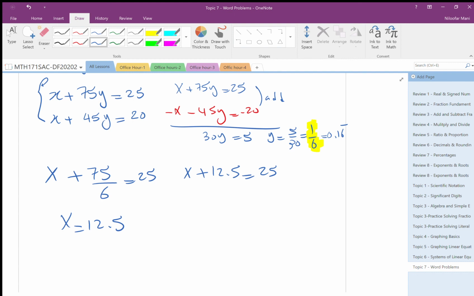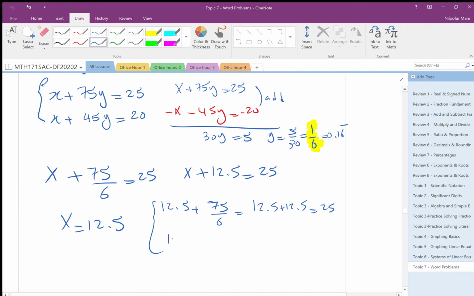Okay, so let me see. I do this and then I can see if that's correct. So it's 12.5 plus 75 over 6, which is 12.5, so plus 12.5. Yes, it's 25.